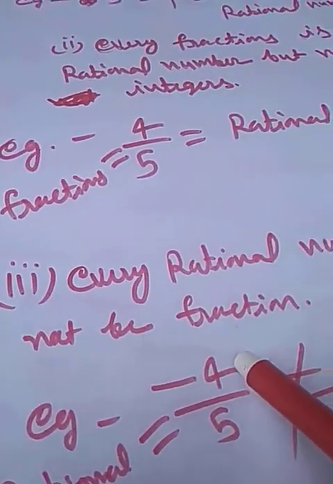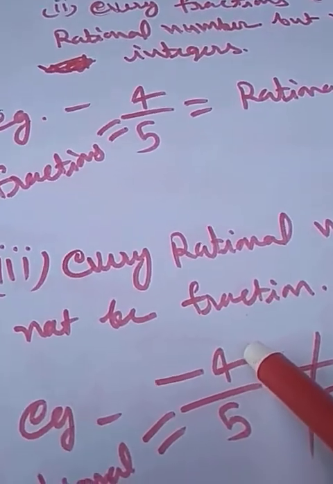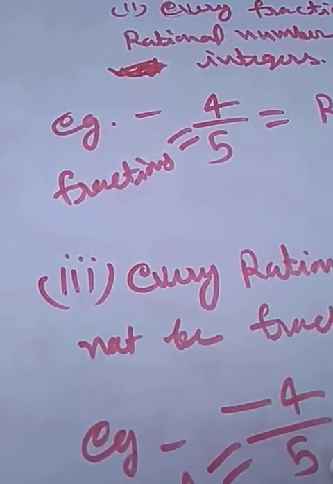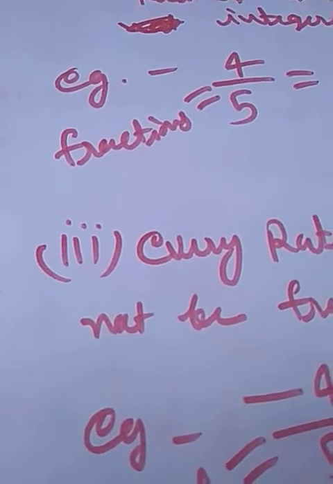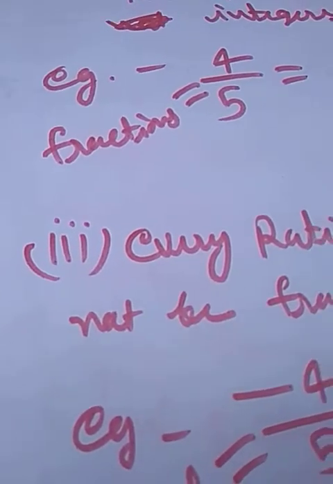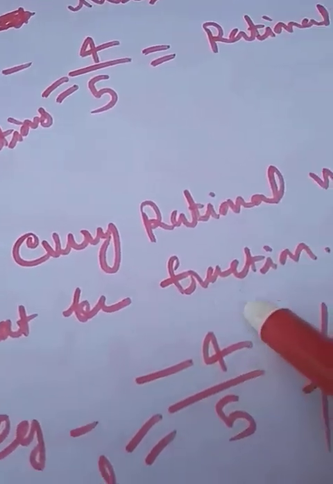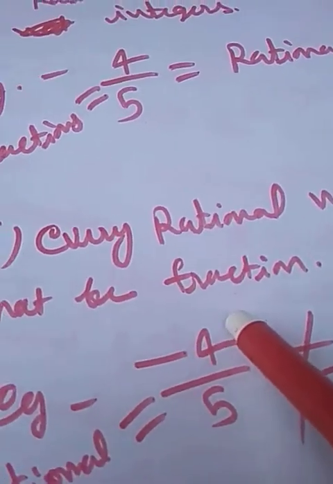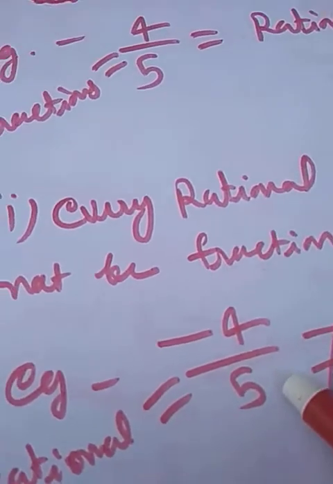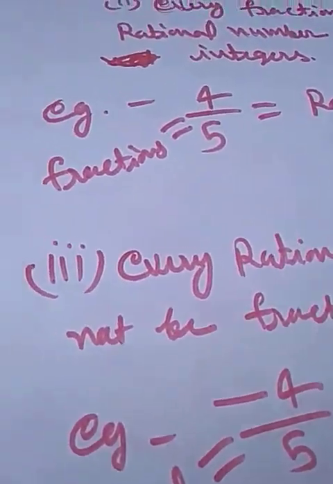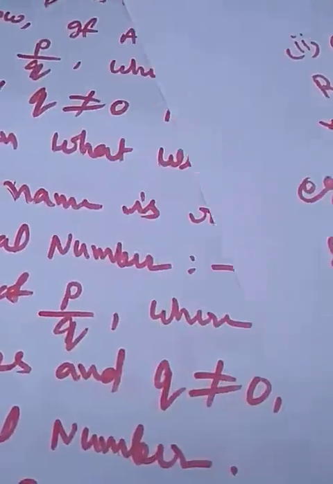Minus 4 is an integer, not a natural number, and 5 is a natural number. But when it is a fraction, then both places, numerator and denominator, have only natural numbers. But here minus 4 is an integer, so it is not a fraction. Means every rational number need not be a fraction.